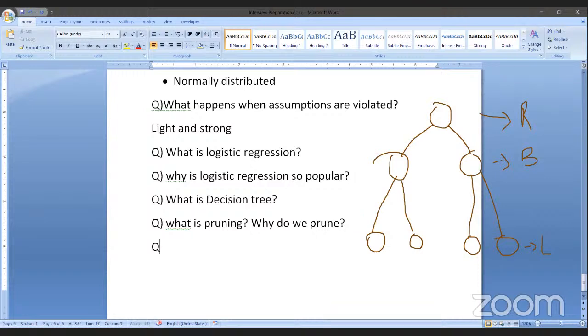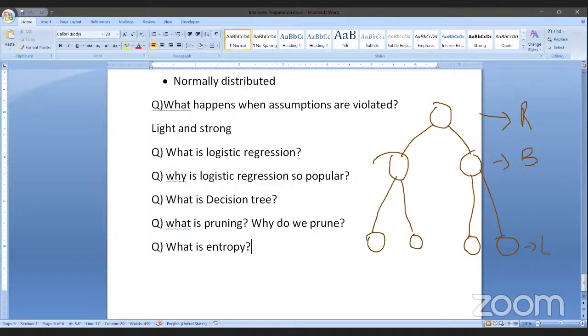So next, what is entropy? Correct. Yeah.